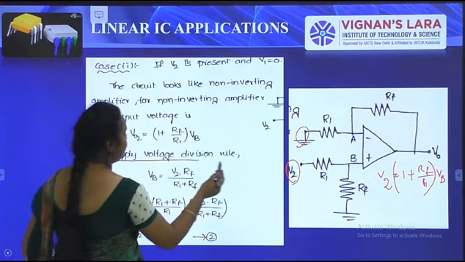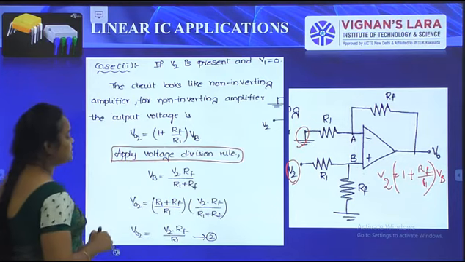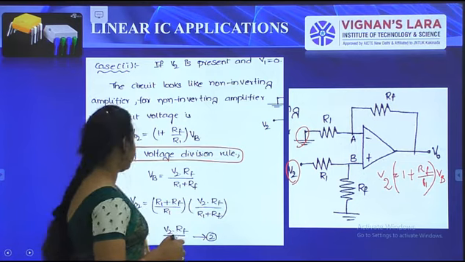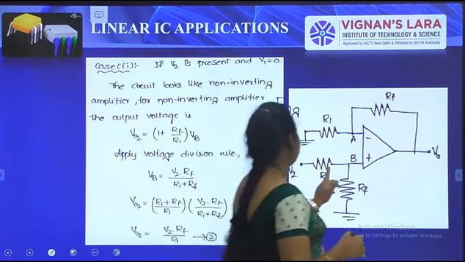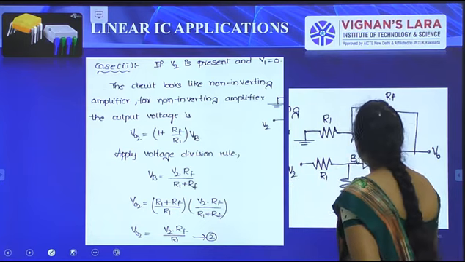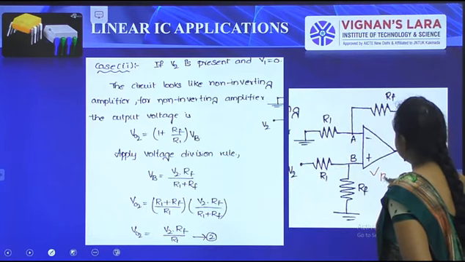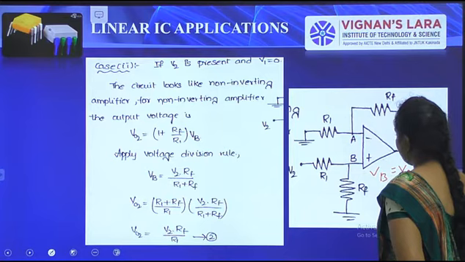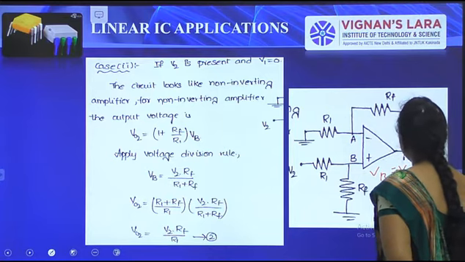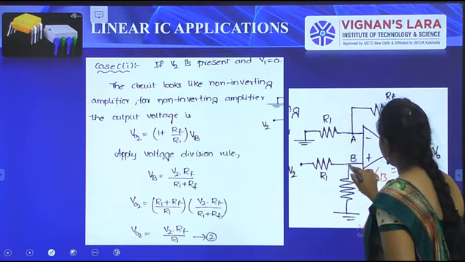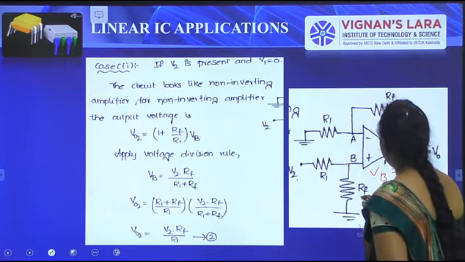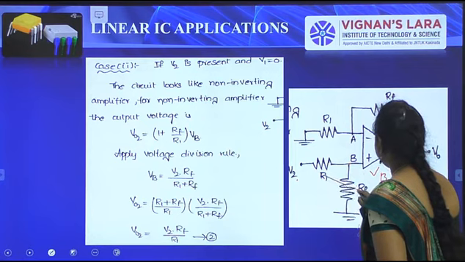Apply the voltage division rule here. We can get VB equal to V2 into RF by R1 plus RF.